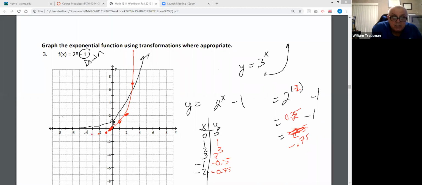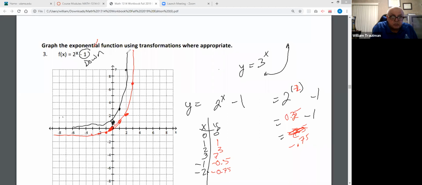And what happens is our graph ends up looking the same, but it's just shifted down one spot. If I would have drawn the black graph a little bit better, our black graph should have been like this. At 1, we went to 3, and then we went to 9. There we go.